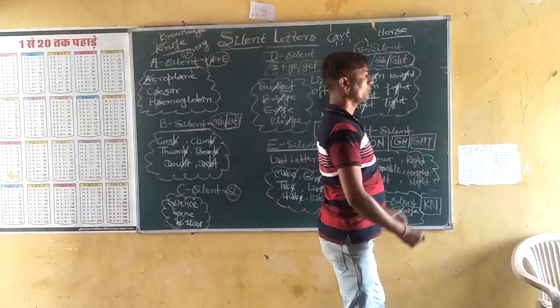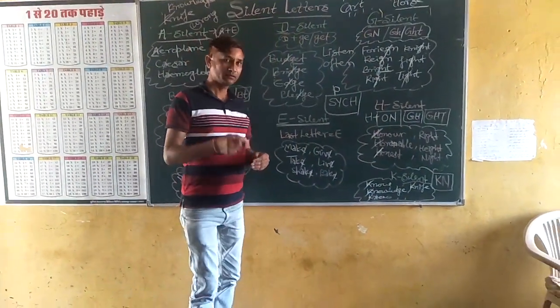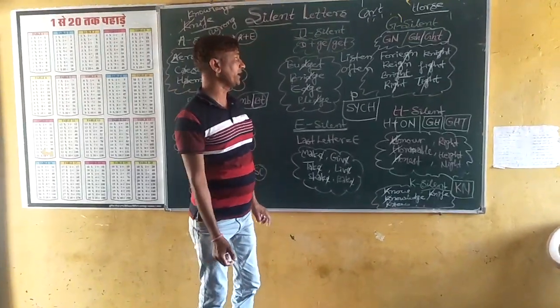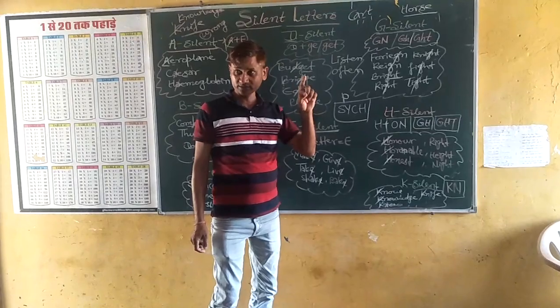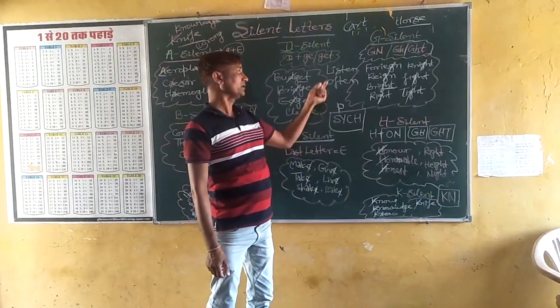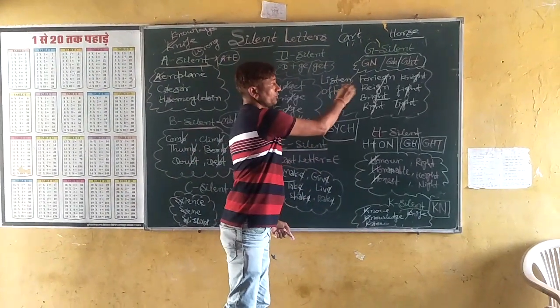Now we'll know T silent. When you find EN just after letter T, T will be silent. For example, LISTEN. Here T is before EN.